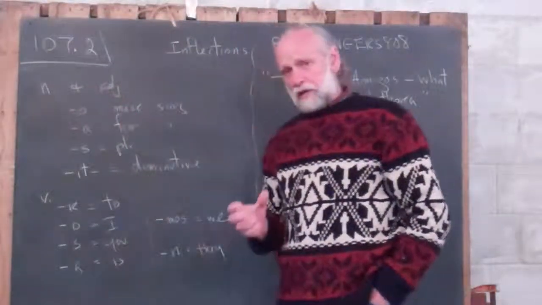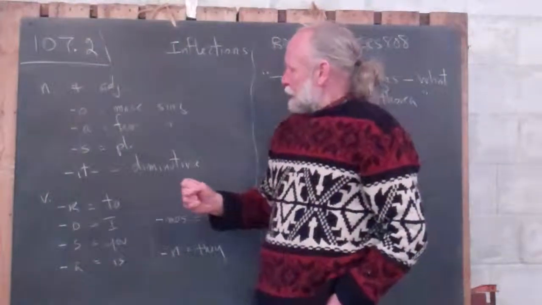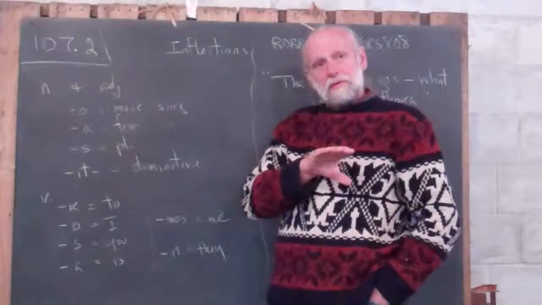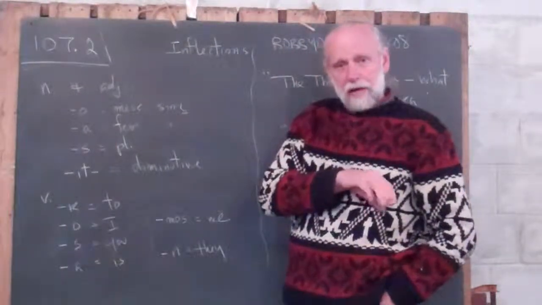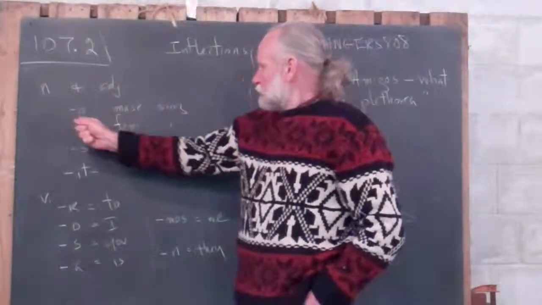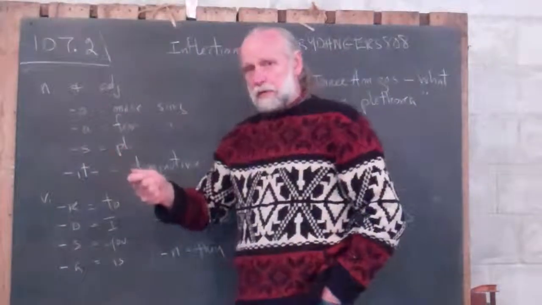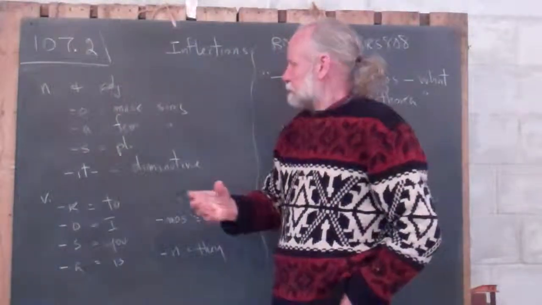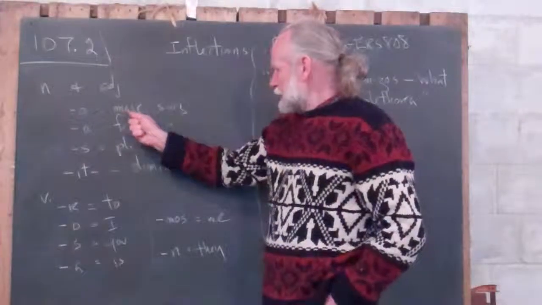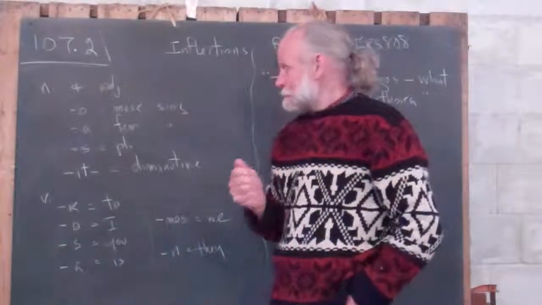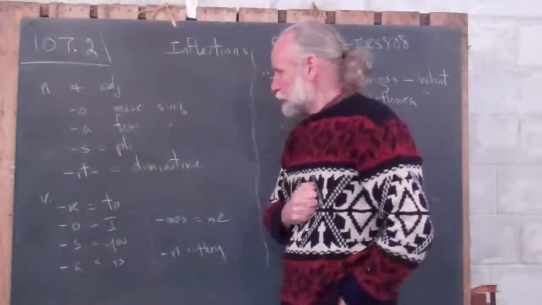Nouns and adjectives, I'll treat them together because adjectives need to agree with the nouns that they modify. So if a word ends with O, take amigo, for example, that indicates that it's masculine and it's singular. There's just one.